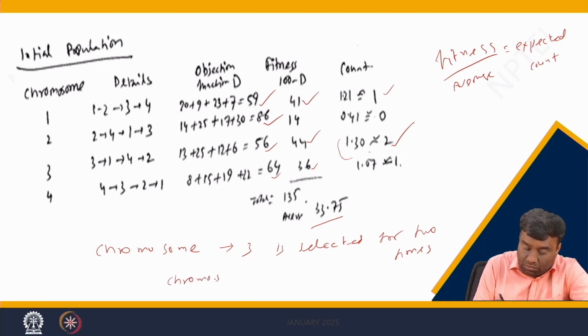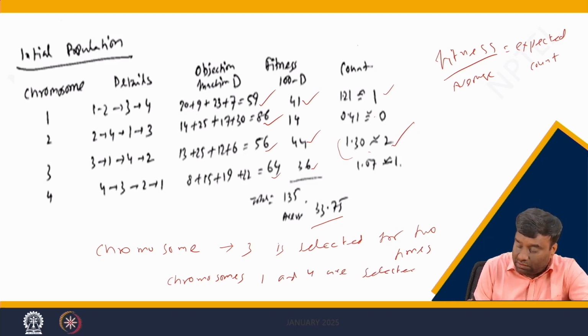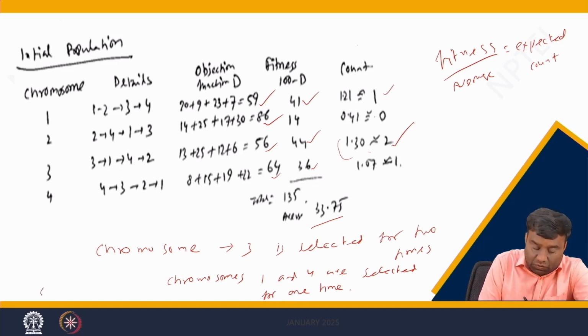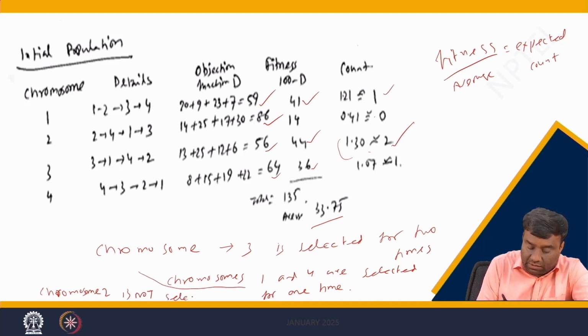Chromosome 1 and 4 are selected for one time, and chromosome 2 is not selected. Chromosome 2 is not selected because it's the minimum value.